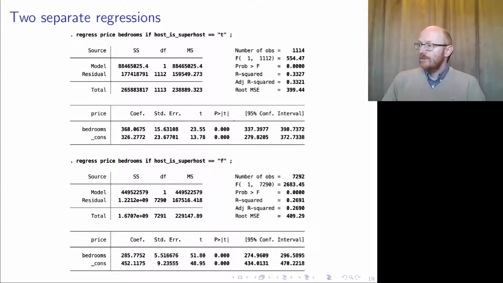If we look at the 2 separate regressions, we just type this in Stata. We regress price on bedrooms if host is superhost equals true. So this is for superhosts.